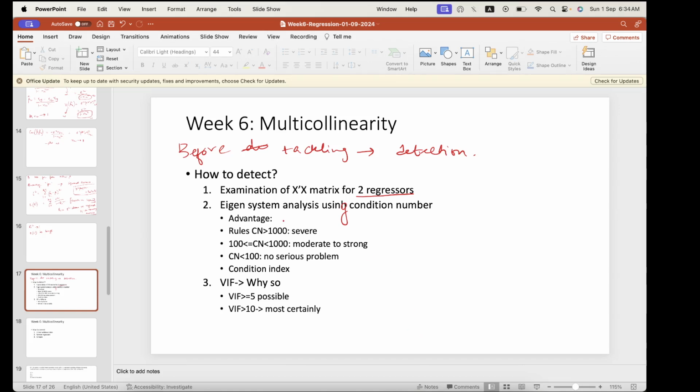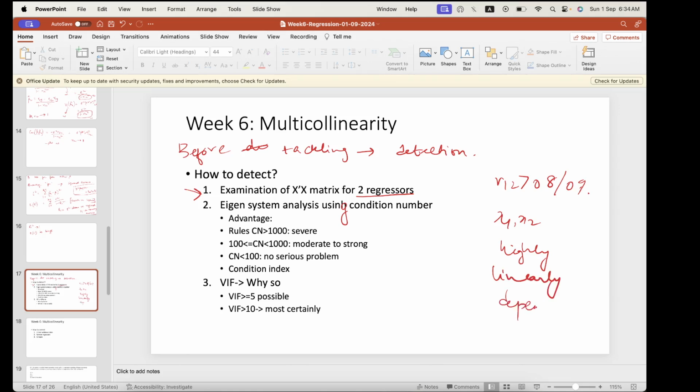So the first method is to examine the X prime X matrix for two regressors. In the previous case that we have seen, if we know that R12 is greater than, let's say, 0.8 or 0.9, then we know that x1 and x2 are highly linearly dependent.